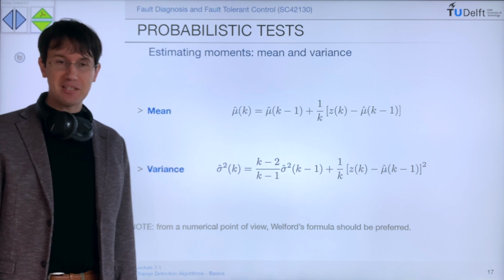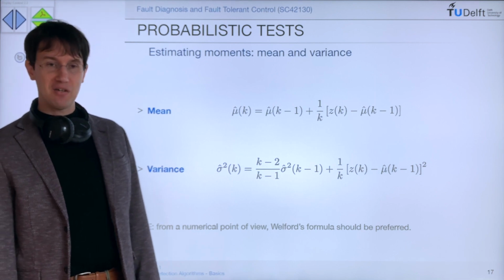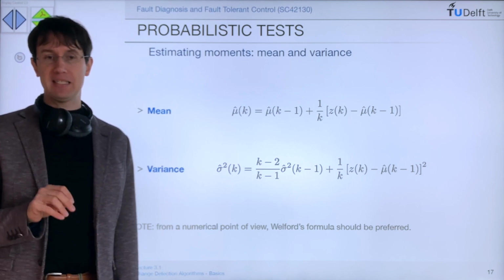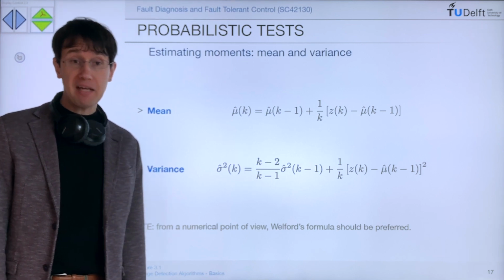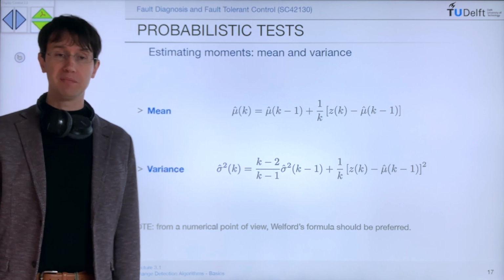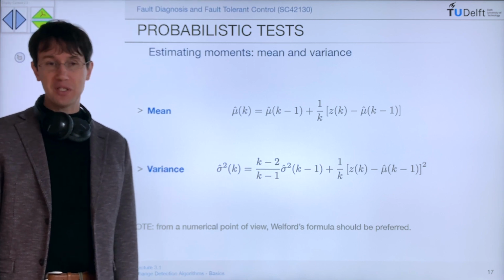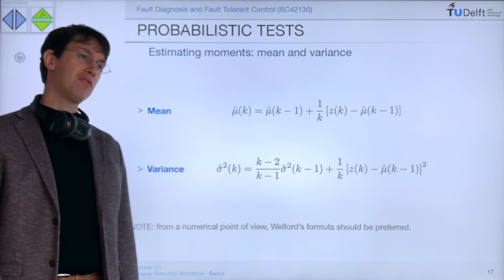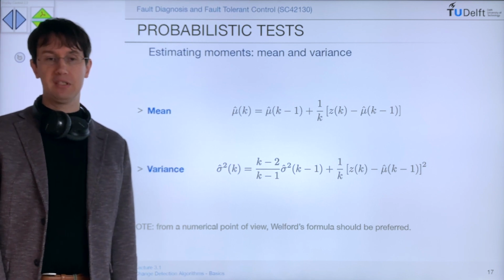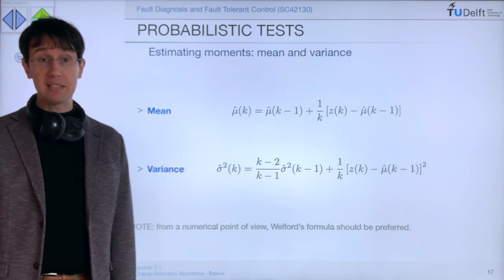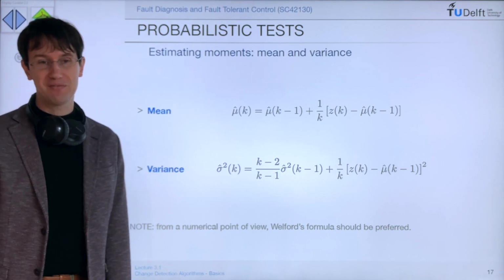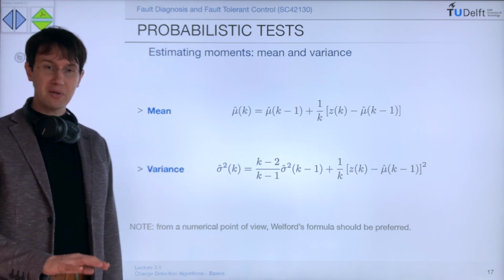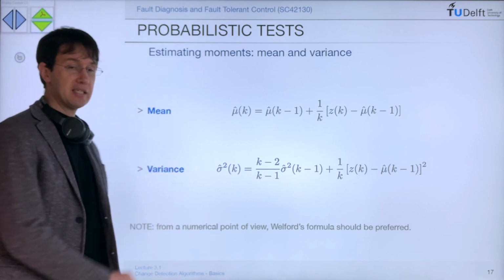I started by introducing the PDF of z, which is a way of representing the nominal behavior of z as a random variable. But having a PDF is quite a lot of information. In a lot of situations, people have no idea what the PDF of the nominal behavior of something is. But probably most people know what the mean is, and quite some people know about the variance.